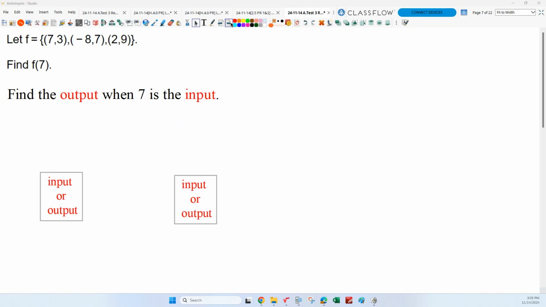And you're using that to find the output, right? Okay, well, which one of those ordered pairs has 7 as an input, the first, second, or third? First one. Yeah, right there. What's that telling us? That's telling us that f of 7 equals 3, isn't it? 3 is the output. Okay?